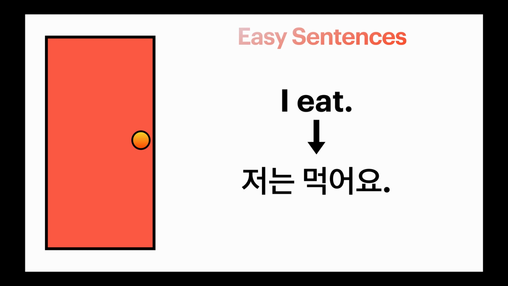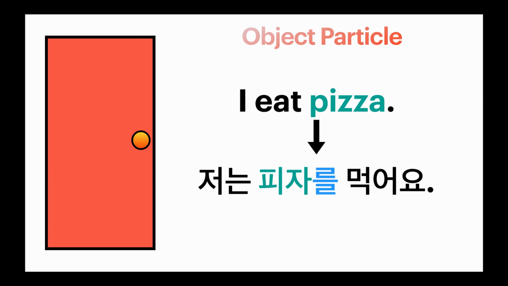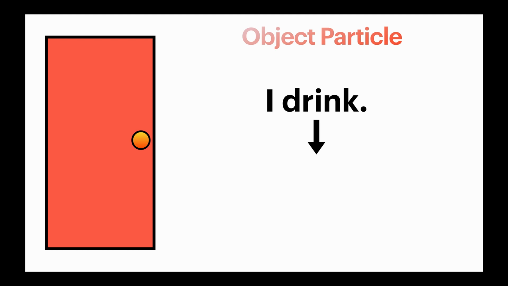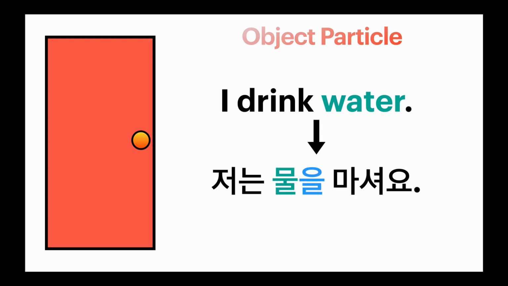저는 먹어요. And now let's make our sentences a little bit more interesting by adding in the object particle. I eat pizza. 저는 피자를 먹어요. I drink. 저는 마셔요. I drink water. 저는 물을 마셔요.